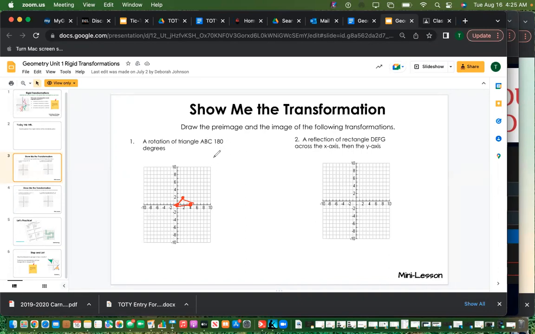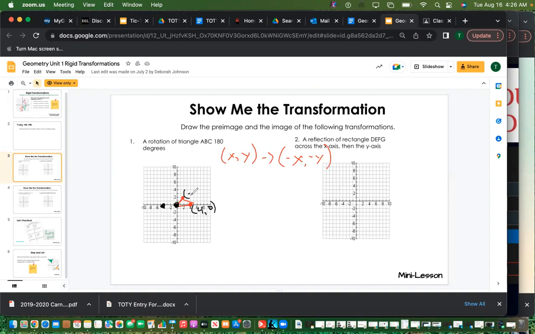Now, for this rotation, the rule is to take your X and Y and then change the sign. So we're going to take each of these points and change the sign. Now, some of these might stay the same. Like for instance, 0, 0 is going to stay the same. 4, 0, when we change the sign, gives us negative 4, 0.